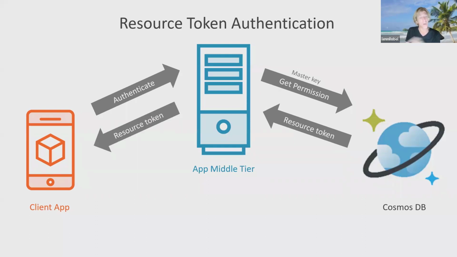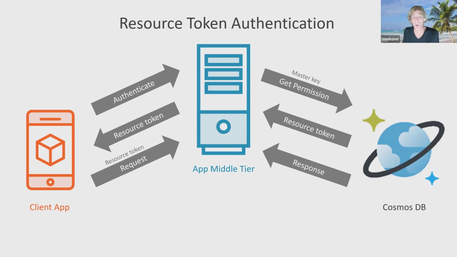And then the middle tier will pass that resource token back onto the client app. From that point forward, the resource token or resource tokens will be used in every request, and the request will be denied if you're trying to access a resource, a container, or a document that the resource token does not permit.